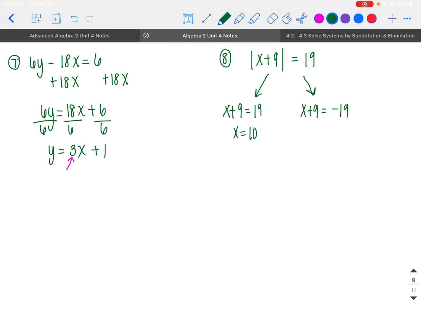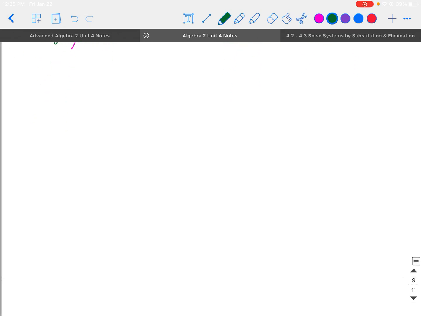So subtracting 9 would give me x equals 10. And then subtracting 9 over here would give me x equals negative 28. A lot of you just did 10 and then you said, oh, negative 10. But if you plug negative 10 back into that equation, you don't get 19.